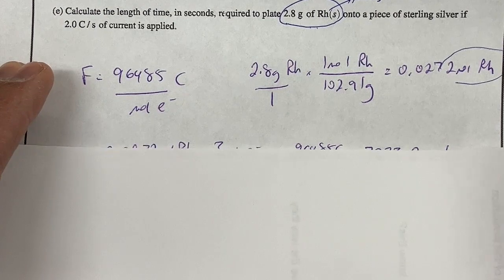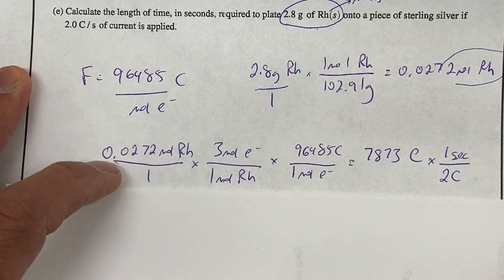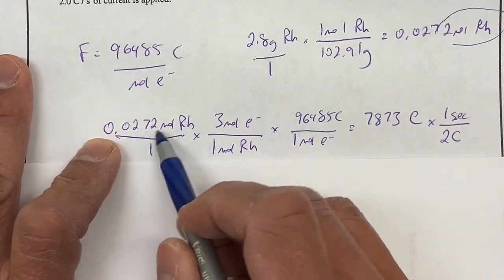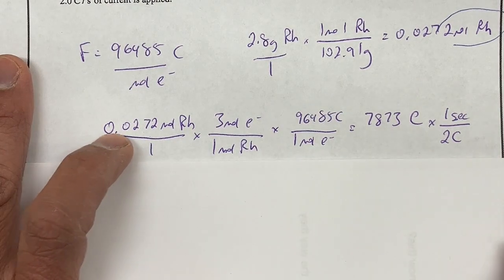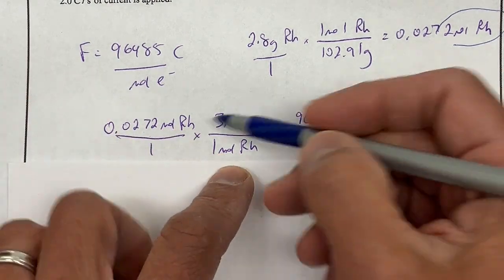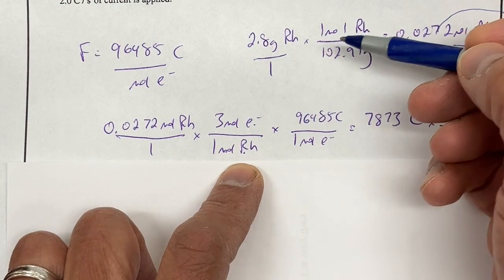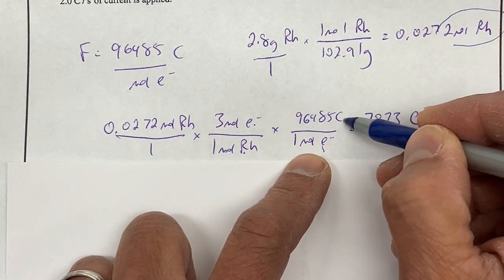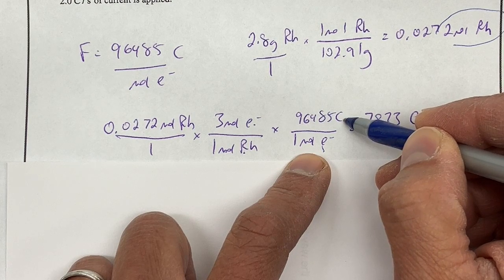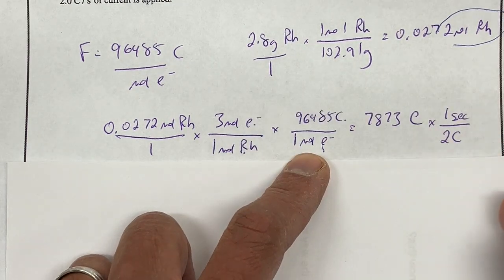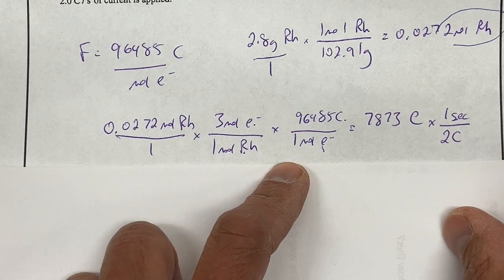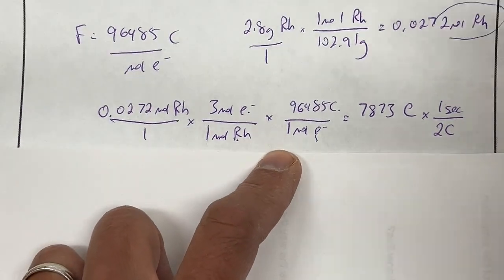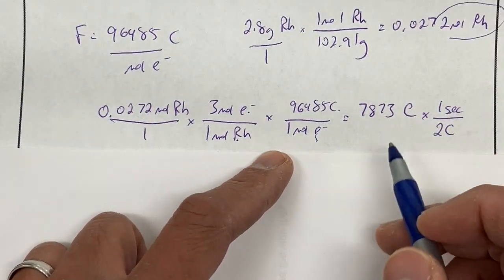Okay, so what I did was, if I know that I have this thing here, 0.0272 moles of rhodium, and for every mole of rhodium, I have 3 moles of electrons. For every mole of electrons requires 96485 coulombs. So this is all just unit conversion, right? If you know how to convert units, I tell people if you are good with units, you can solve a lot of stuff on the AP Chem test.